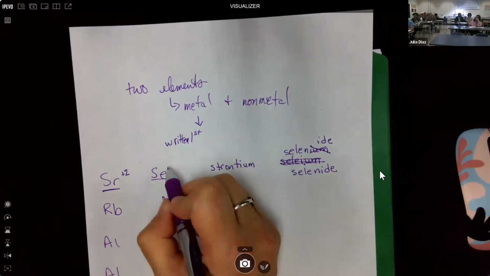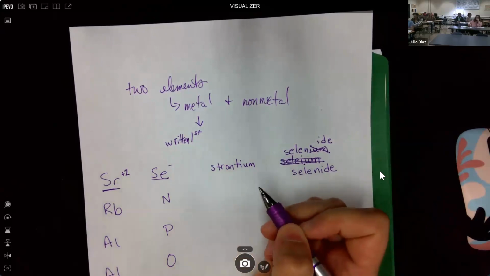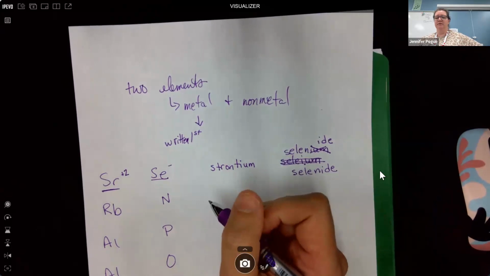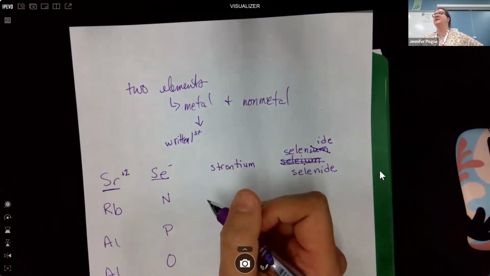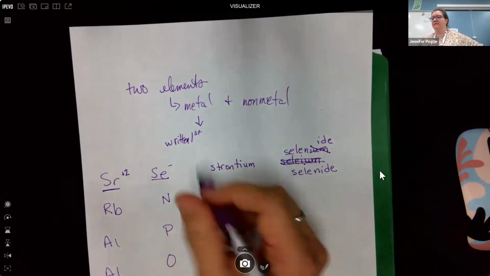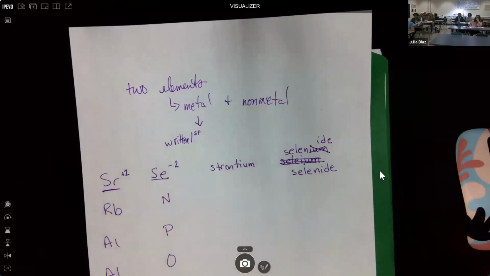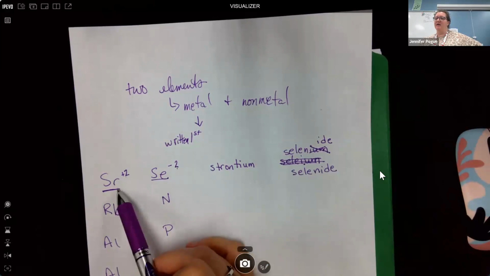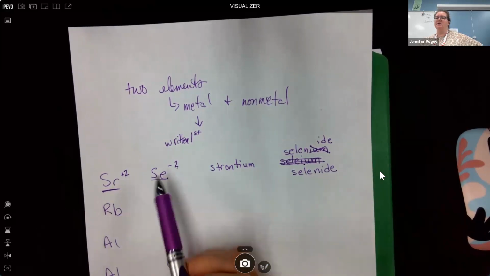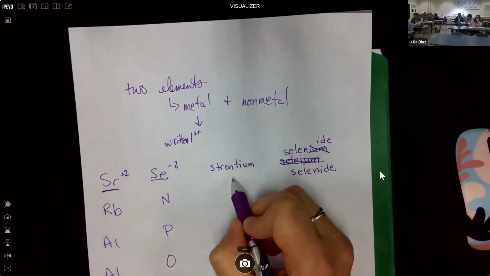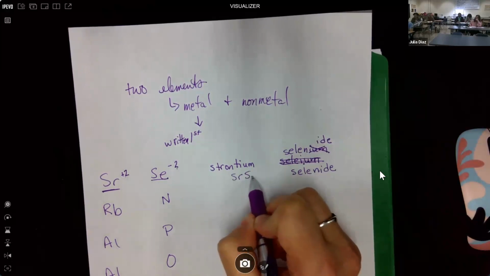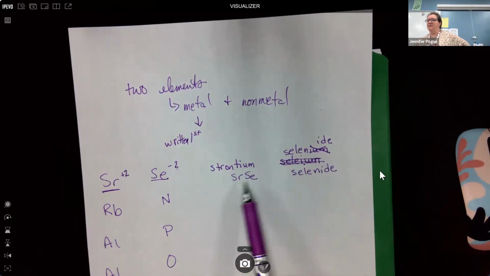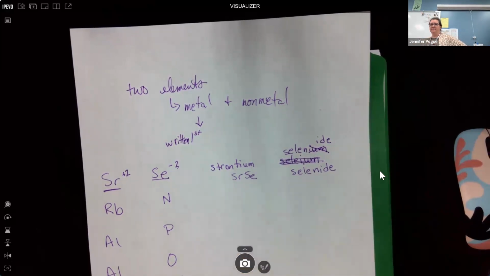Negative 2. How many valence electrons does it have? 6. It wants 8. So how many away? 2. So if I have +2, minus 2, how many of those do I need to be balanced? 1. I need 1 strontium and 1 selenium. So there's the correct name and the correct formula.